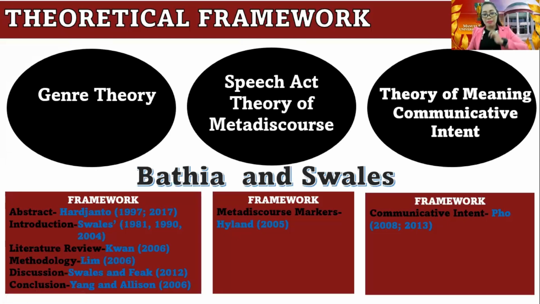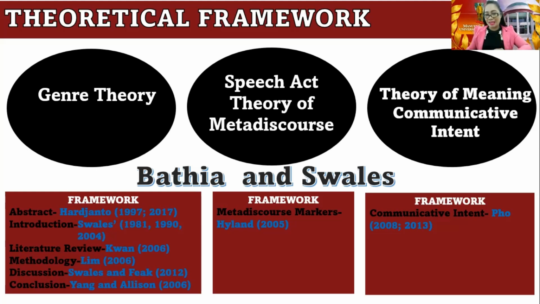For the theoretical framework, the primary theory involved in this study is genre theory. It deals with the way of thinking about how language is influenced by its context. Genres emerge from the context in which writers find themselves. Another theory is the speech act theory of metadiscourse. This theory describes metadiscourse as indicators of expositive elocutionary acts, and then provides a taxonomy of metadiscursive functions and forms.